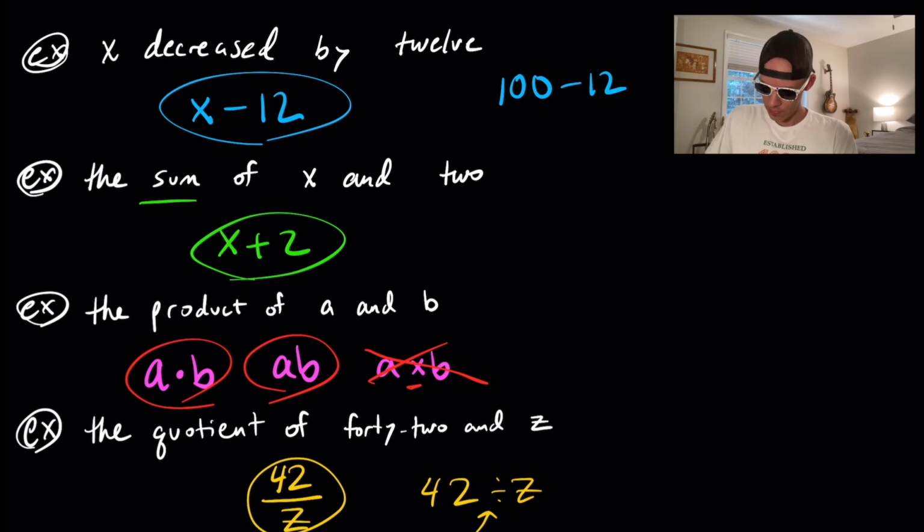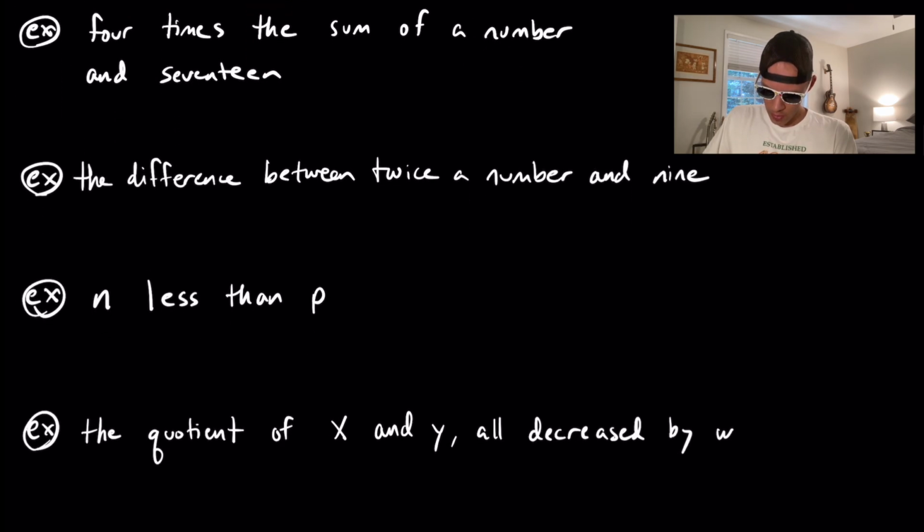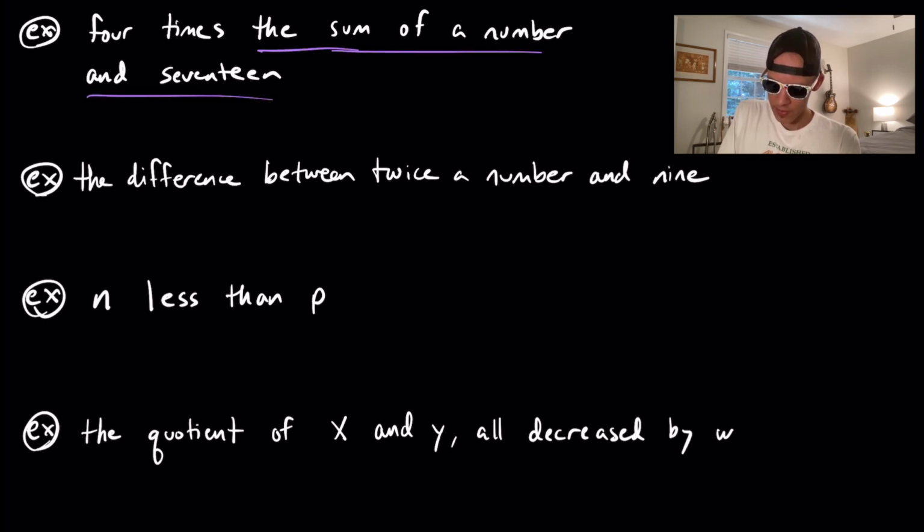All right, so keeping on. 4 times the sum of a number and 17. Let's just read that again. 4 times the sum of a number and 17. So I probably want to do this part first. The sum of a number and 17. Well, since they don't tell us what this number is, let's just call it X. It's a variable.